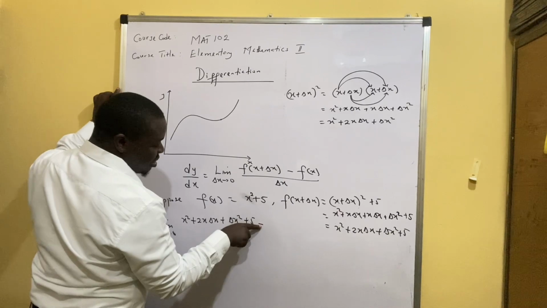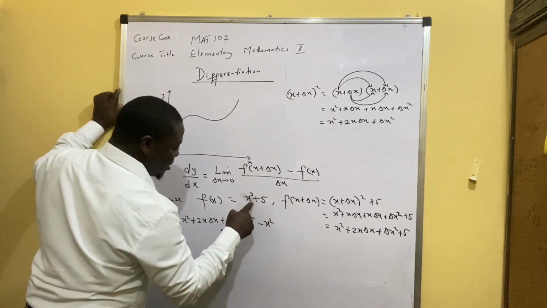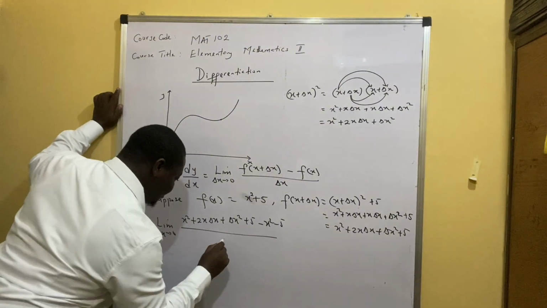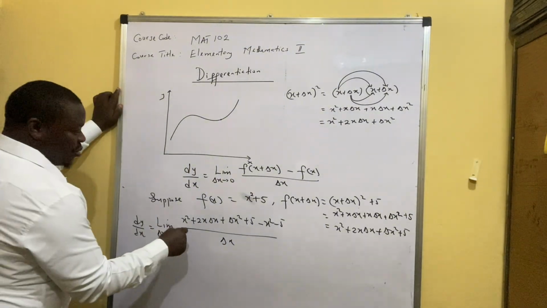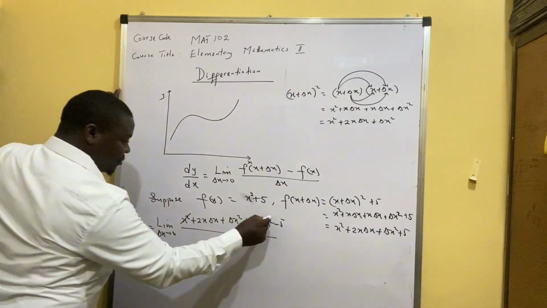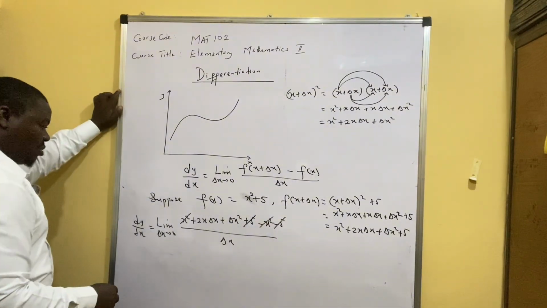But you don't forget that this minus will affect the two of them, so that we're going to have minus x squared minus 5. Is it clear? Okay, so divided by change in x. So here we have x squared and we have minus x squared, that goes to 0. Then plus 5 minus 5 we also go to 0. Good. So what do we have left?